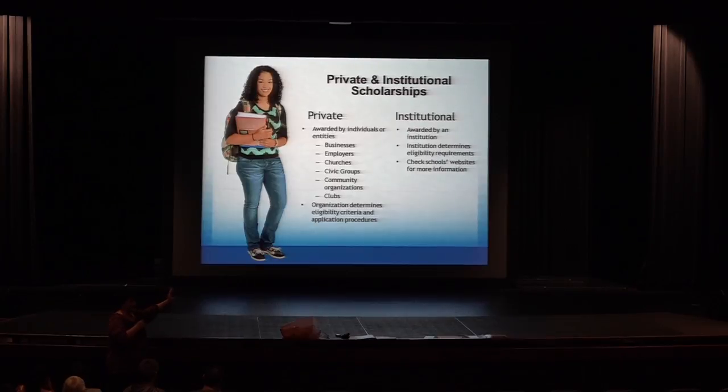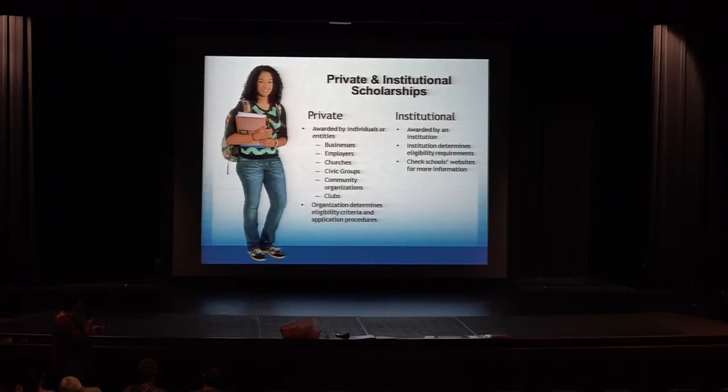One of the most important things I can say for you to check out is the institutional scholarships. Whatever institution you're interested in, check to see what their institutional scholarships are. Especially if you're going out of state, check to see if they have in-state rates in the form of institutional scholarships.